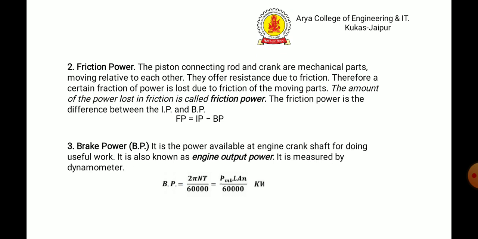It is the actual power available at the engine crankshaft for doing useful work. It is also known as engine output power, and it is measured by a dynamometer. It is given by 2 pi NT by 60,000 kilowatt. So it is the actual amount of power which is available for useful work.